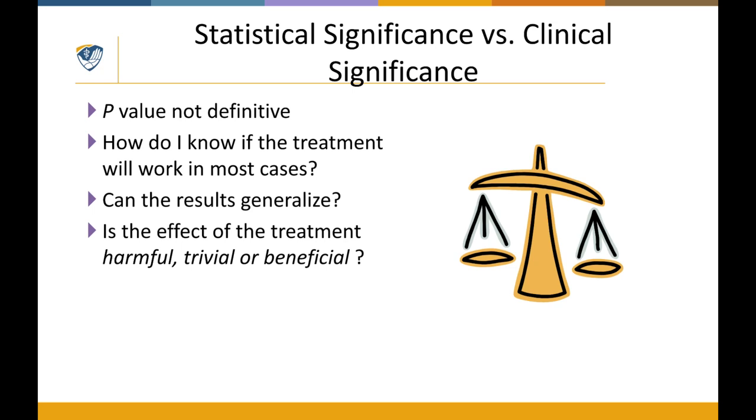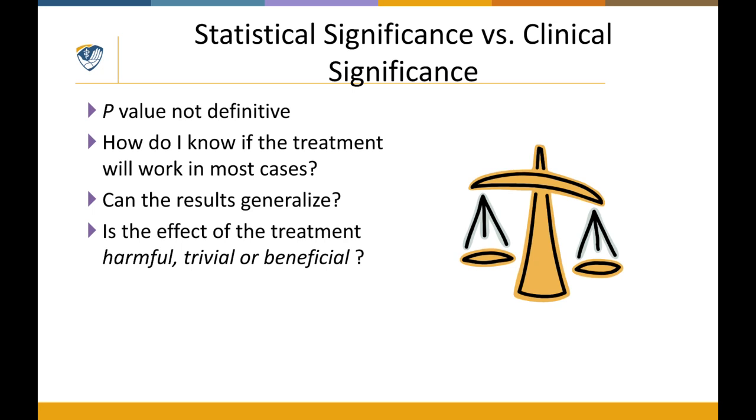And we don't always know if the difference we're seeing will translate very well to most situations, and can we generalize that result to the larger population our sample may have come from. So statistical significance is important in the sense that it helps tell us if this result is due to chance or not, but that's really only half the story.